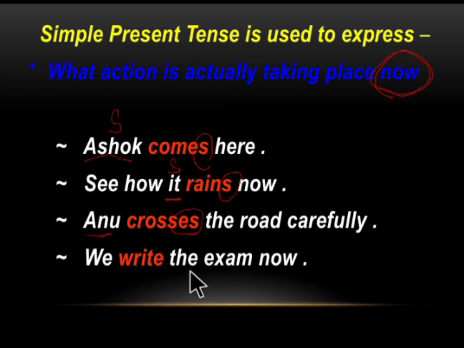We write the exam now. Here we is the plural subject, and we add no s to the verb. All these verbs are in present tense and they are in simple present tenses. So the action that is taking place at the current moment is used as simple present tense.